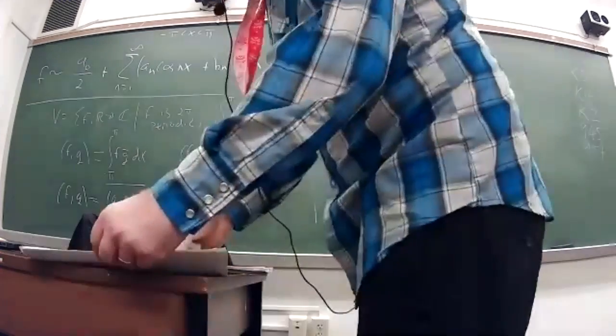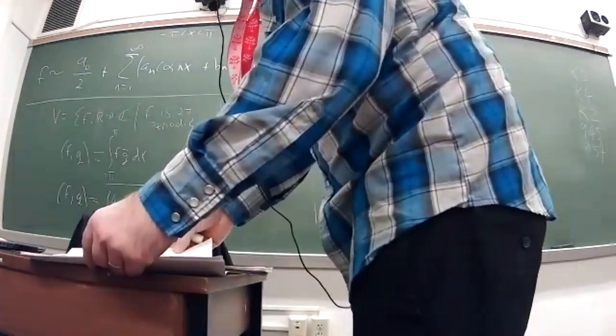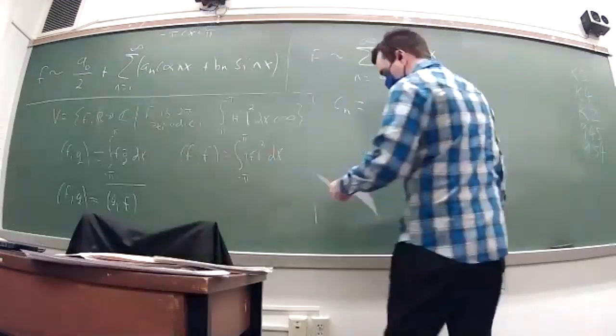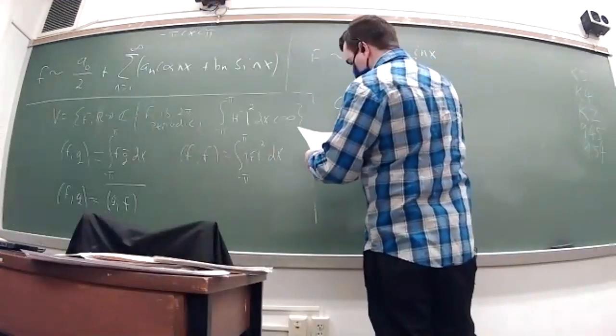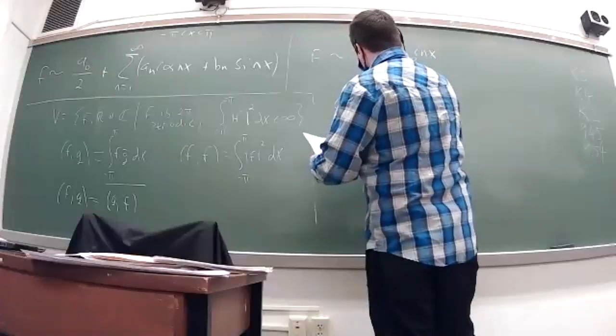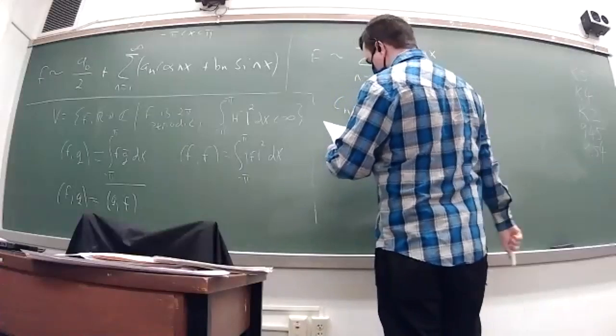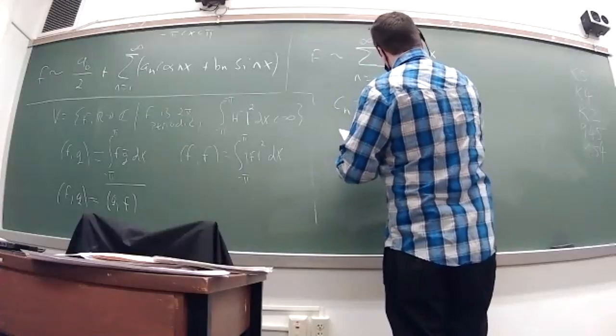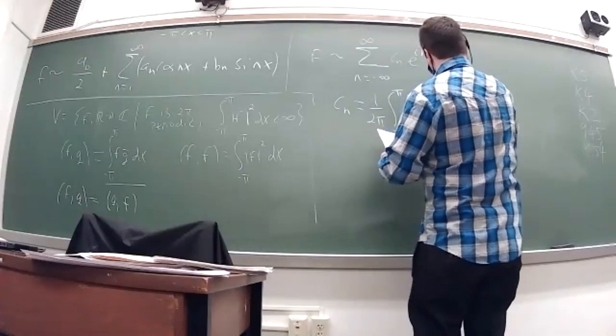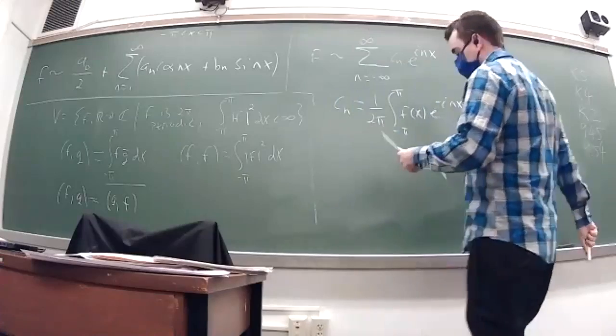I'll just write down the formula. I mean, we could have figured it out from that, but just for expediency. It's 1 over 2 pi, integral from minus pi to pi, f of x e to the minus i n x dx.